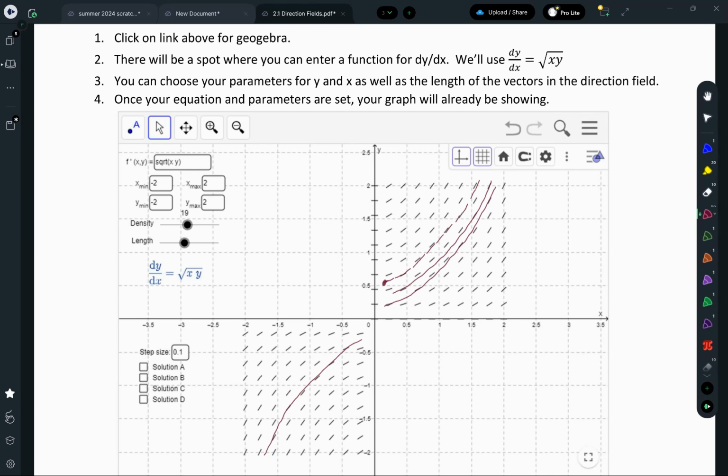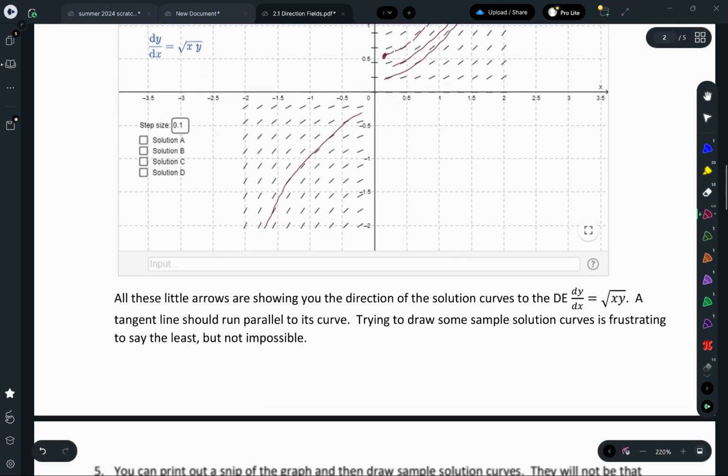You can use it all you want to come up with the direction field graphs, but I would say make sure to print one out and practice drawing curves through it, okay? On a test, you could be given a direction field and asked to draw some of the possible solution curves on that direction field. Okay.